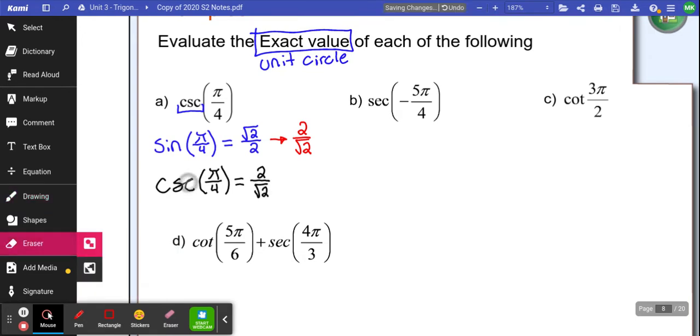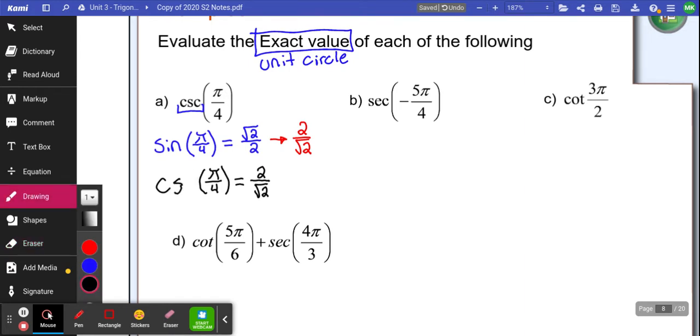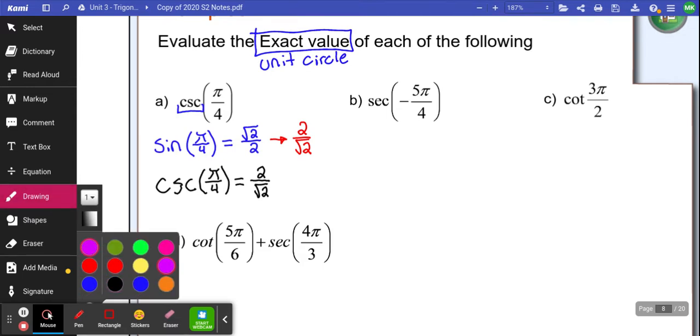Correct. So that mathematically is right, but if it was a multiple choice test, that wouldn't show up, right? That wouldn't be one of the options. If it was written response, that would get you a lot of marks, but not all the marks. The reason why is you can't have a radical on the bottom, so you multiply the top and the bottom by root 2.